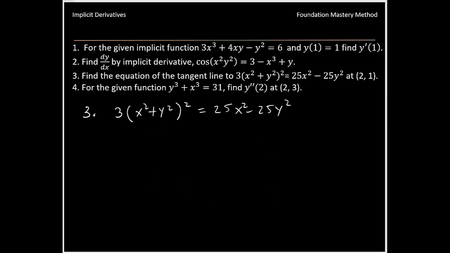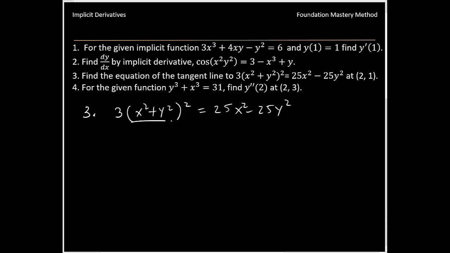Now we are given another function in implicit form, 3 times (x squared plus y squared) squared equals 25x squared minus 25y squared. We need to find the equation of the tangent line at the given point (2, 1). So first let us find the derivative.